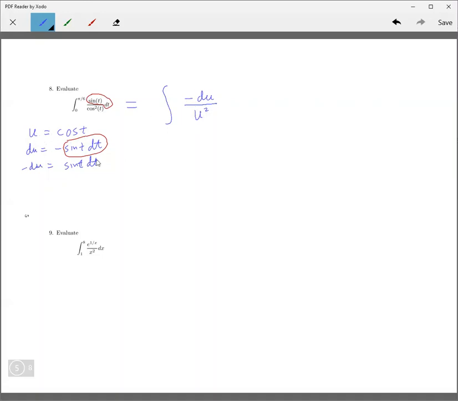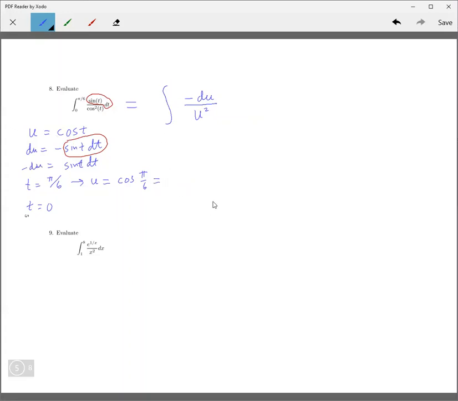And then this one can be integrated. Now the limits. These limits are in t: t equals pi over 6 and t equals 0, from 0 to pi over 6. This integral is in u, and we know that u is cosine t. So if t is pi over 6, then u would be cosine of pi over 6, because you want to have these in u.